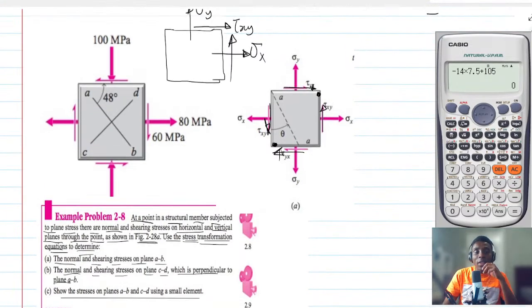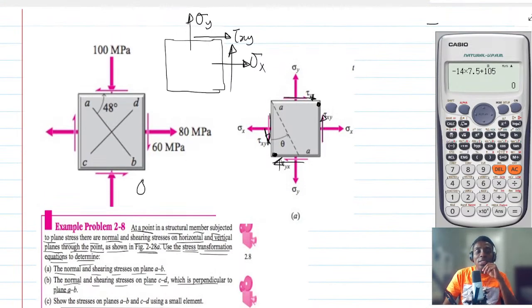So for this question, what do you think sigma x is? Is it going to be positive 80 megapascal or negative 80 megapascal? What do you think? Write it in the comment box.